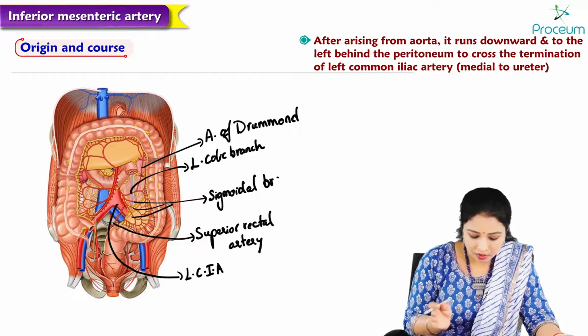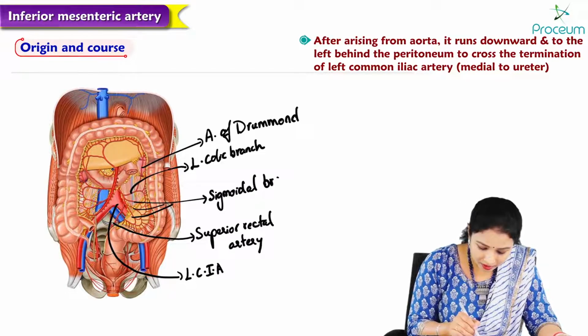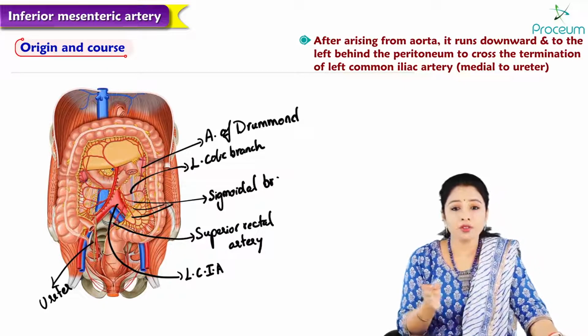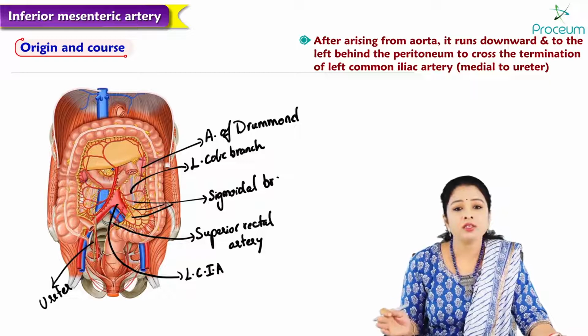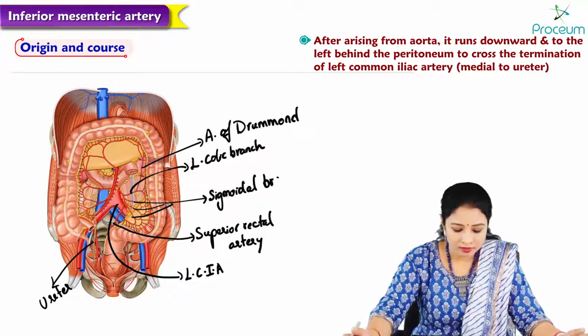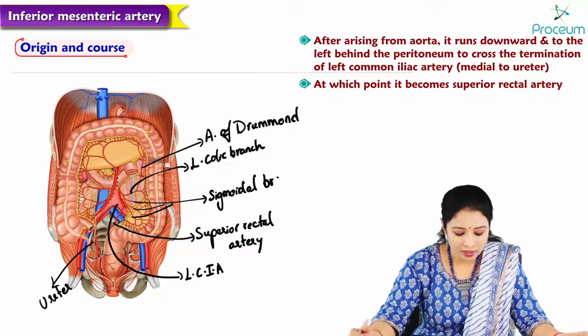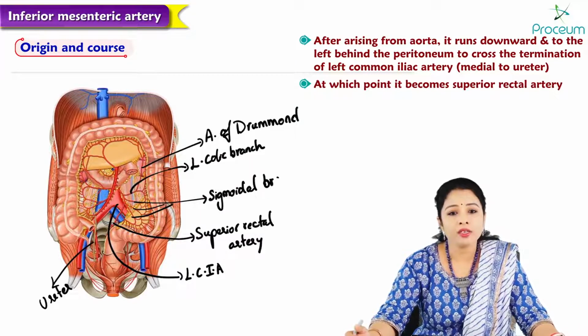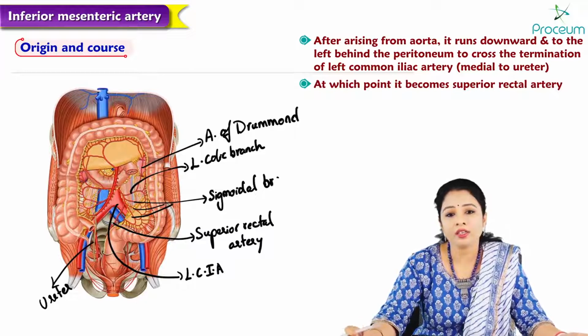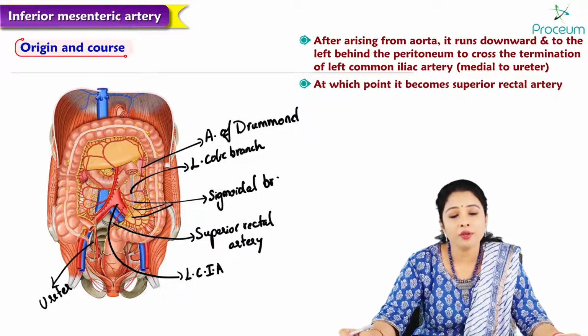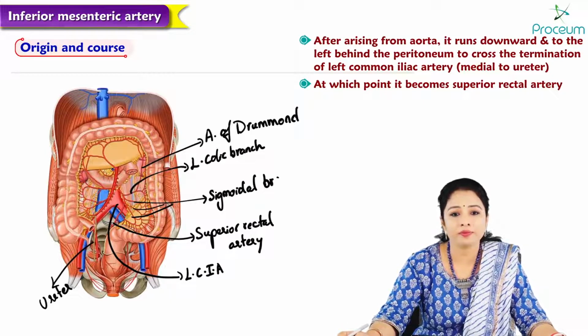The ureter is not demonstrated on the left side, but on the right side we can appreciate the ureter here. Similarly there would be a ureter on the left side as well, just medial to the inferior mesenteric artery. At this point it continues further as the superior rectal artery, which is the terminal continuation of the inferior mesenteric artery beyond the level of the left common iliac artery.